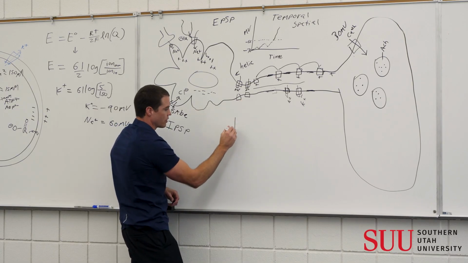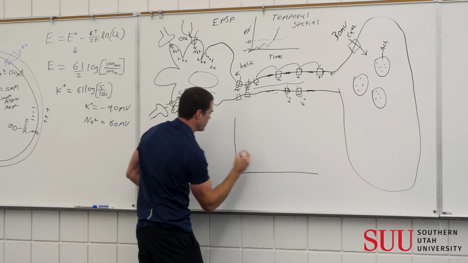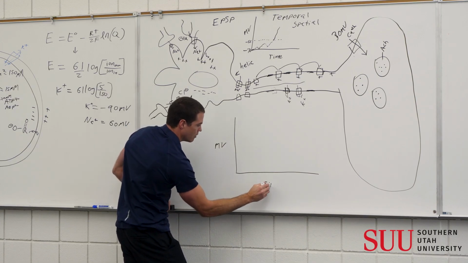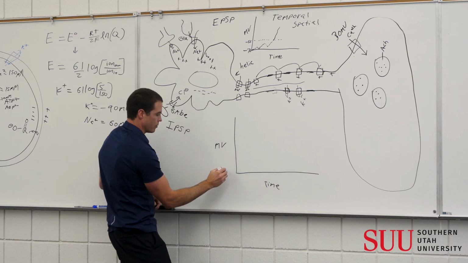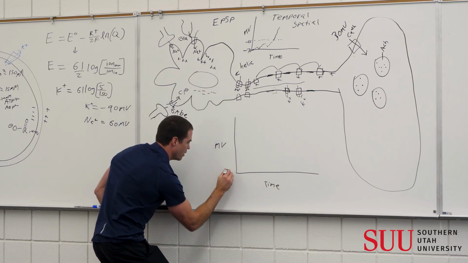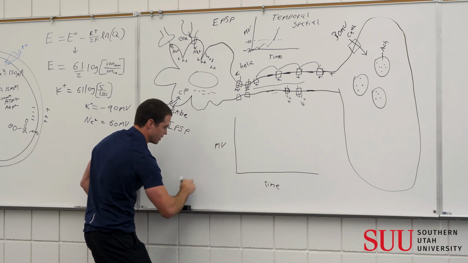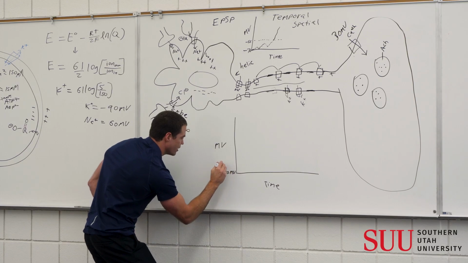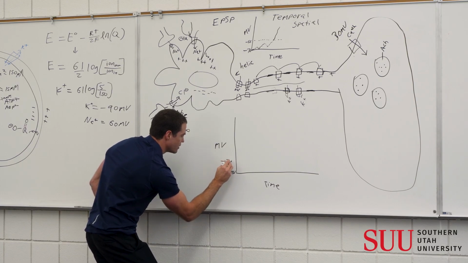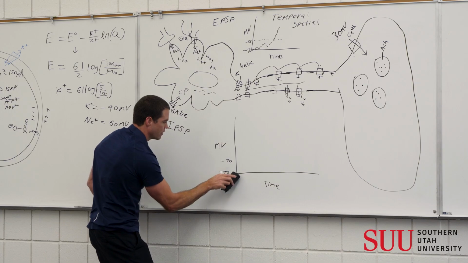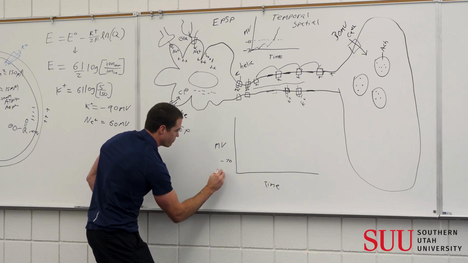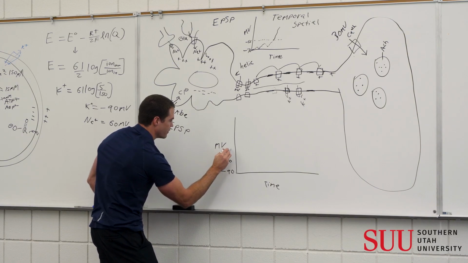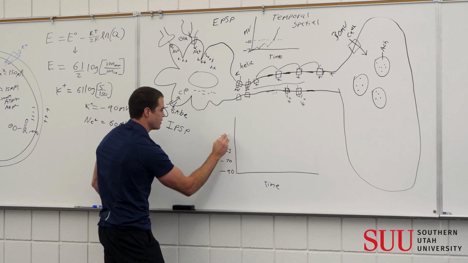So let's go here, and I'll draw this graph. We'll put our millivolts, we'll put our time, and again we have negative 70 millivolts. Well, actually, we want to show you something different here. We're going to go negative 90 millivolts, negative 70, negative 55, and we can say 30.